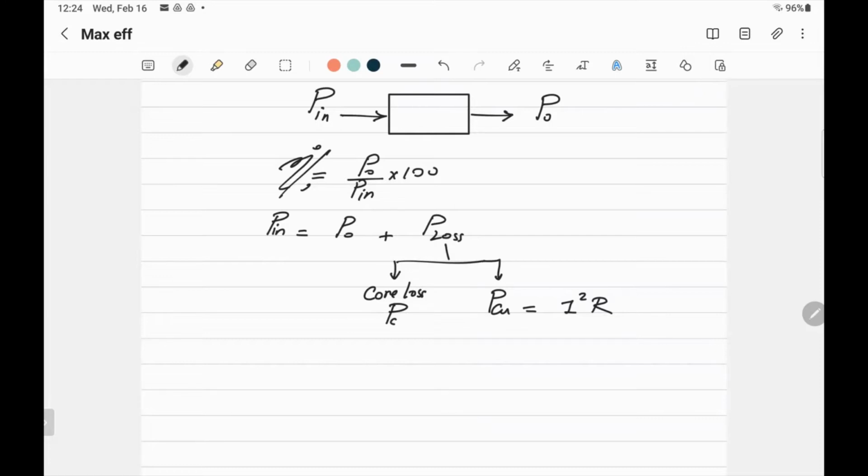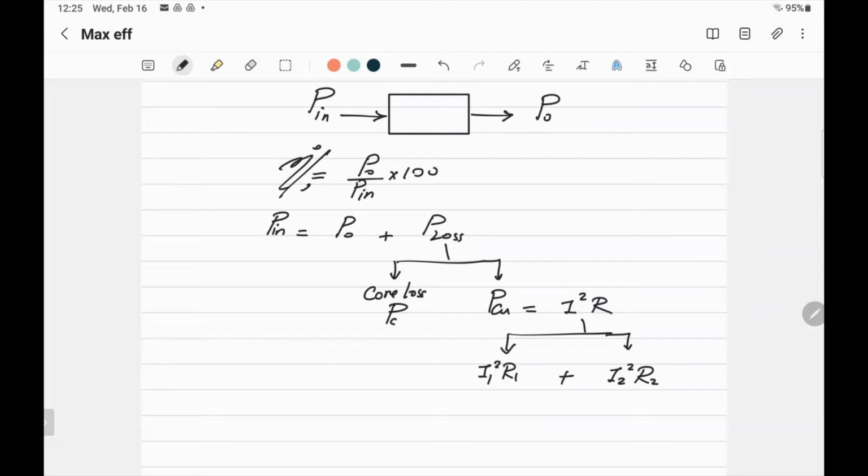So if you don't have the equivalent circuit, you will say I1 squared times R1, what's R1? The resistance of the primary winding, plus the loss on the secondary side, I2 squared times R2. What's R2? It's the resistance of the secondary winding.